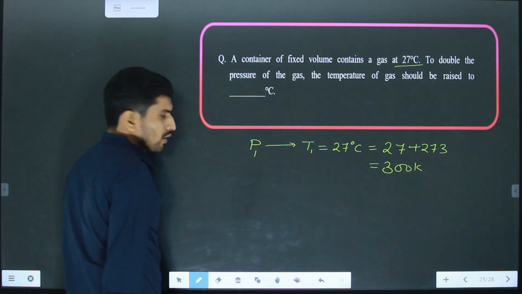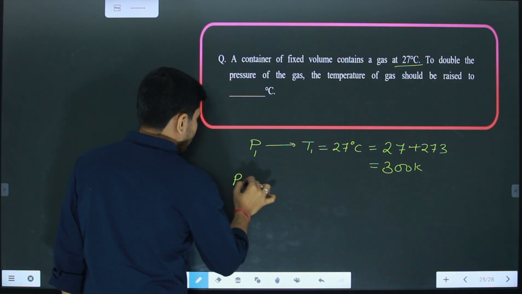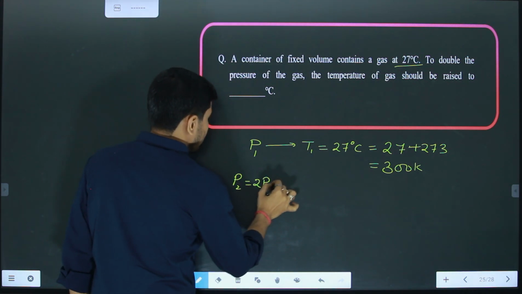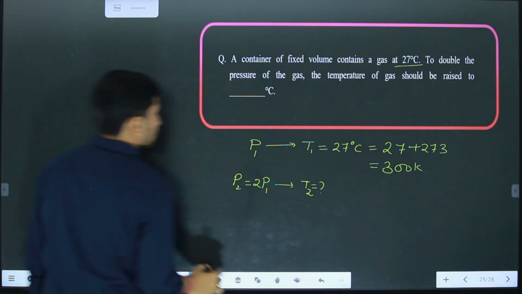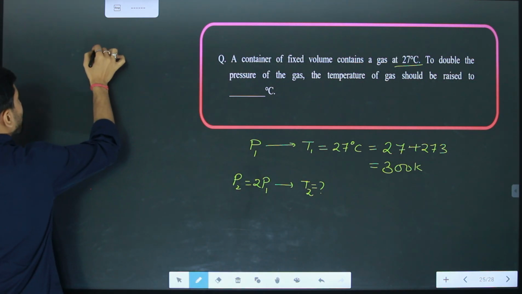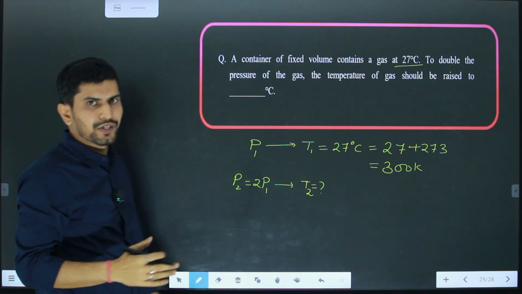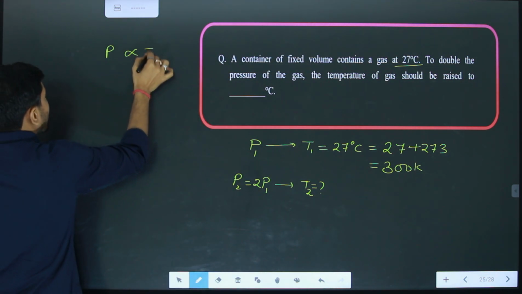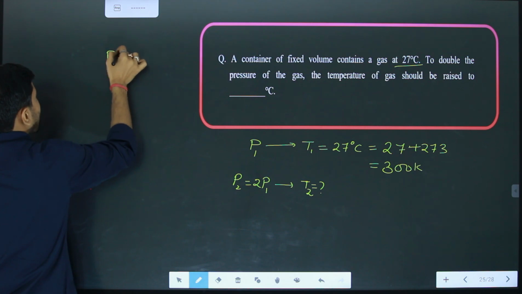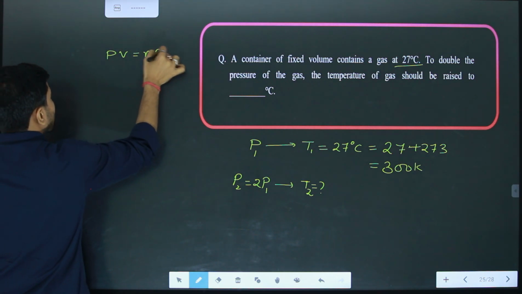Okay. Now if the pressure is double, then what is the temperature? Okay. And the volume is constant. Volume is fixed. So if I consider the ideal gas equation where volume is fixed, P is proportional to T. How? You see, for ideal gas, PV equal to nRT, right?